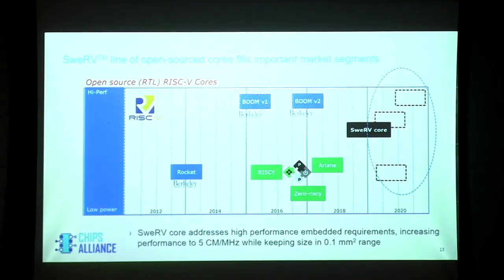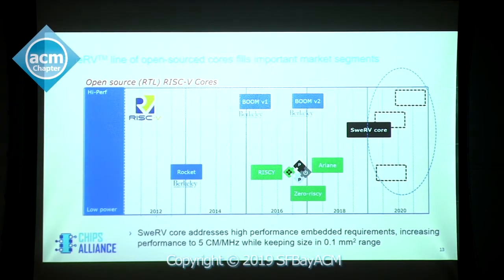That was the target. So this core right now is available in CHIPS Alliance. And what you see as dashed lines are things that we are working on right now. It will first be available, when it's in alpha phase, to the members of the CHIPS Alliance. And hopefully by 2020, it's going to be widely available.